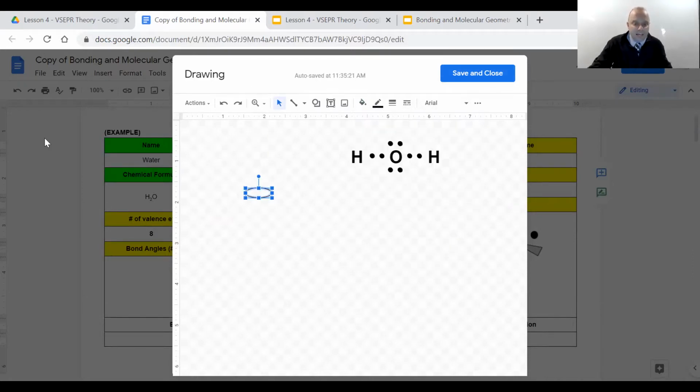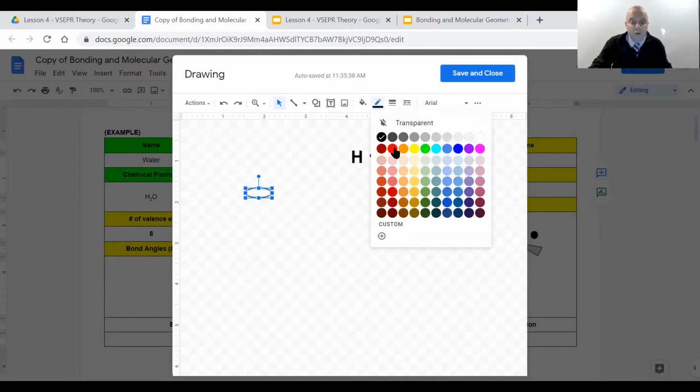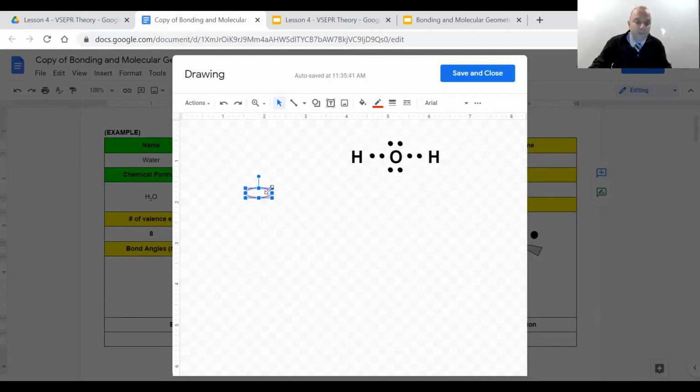So I'm going to use this little circle that I created here to identify, first of all, our electron domains, and then which of those are bonding domains. So let me make a couple of copies of that. Okay, so first one, electron domain number 1, electron domain number 2, electron domain number 3, electron domain number 4.